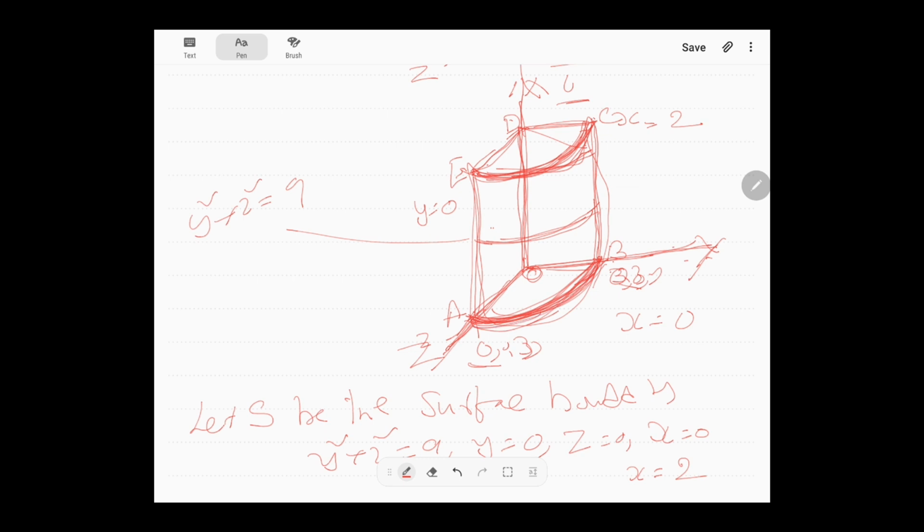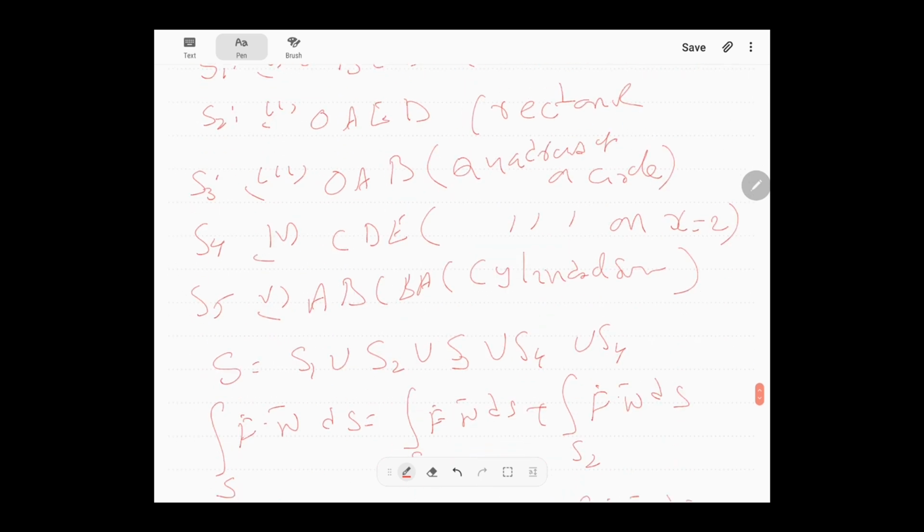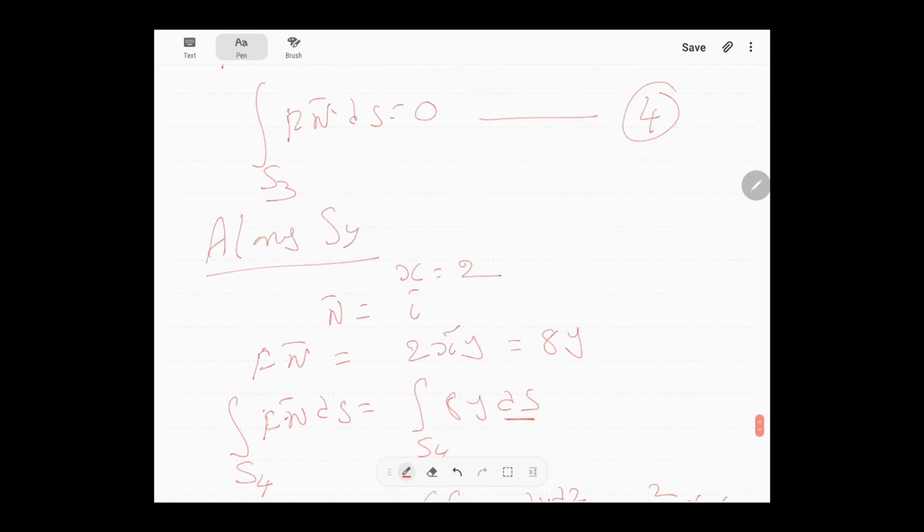Because already I did that for S4, now just for your convenience, I am going to take the projection of this on the XY plane. If I take the projection of this figure on the XY plane, the region will be this. This is my R2. R2 is the projection of the surface on the XY plane.